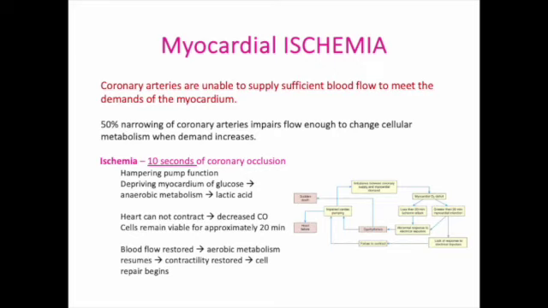Now, these cardiac cells are going to be viable for about 20 minutes total under these very low oxygen or ischemic conditions. And once blood flow is restored, we can move back into aerobic metabolism, and hopefully our contractility will be restored again, and this is when cell repair can begin.